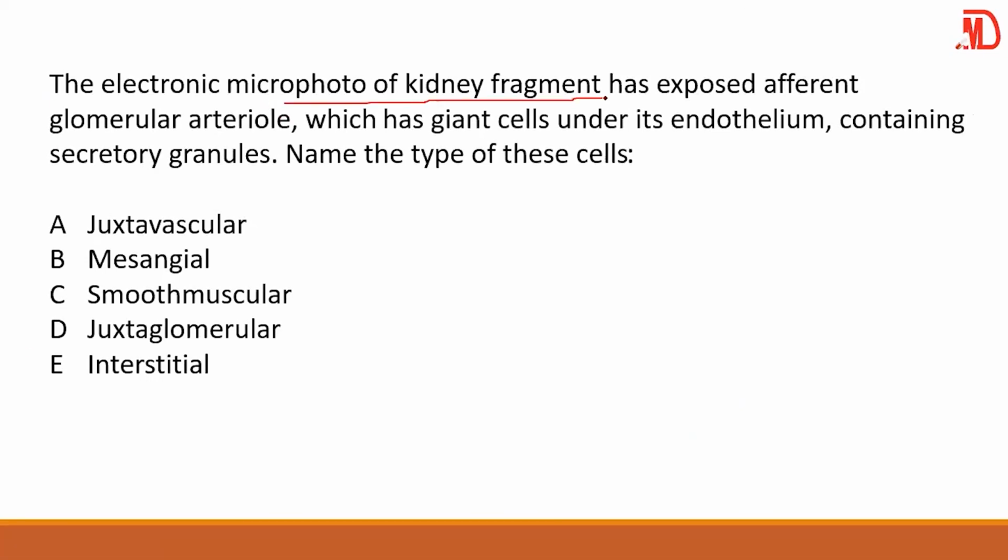An electron microphotograph of a kidney fragment has exposed an afferent glomerular arteriole, which has giant cells under its epithelium containing secretory granules. Name these cells. Guys, you remember when we talked about the macula densa? And we said what the macula densa does is that it senses what? Sodium concentration.